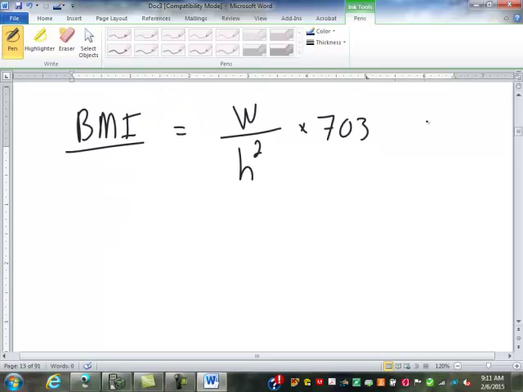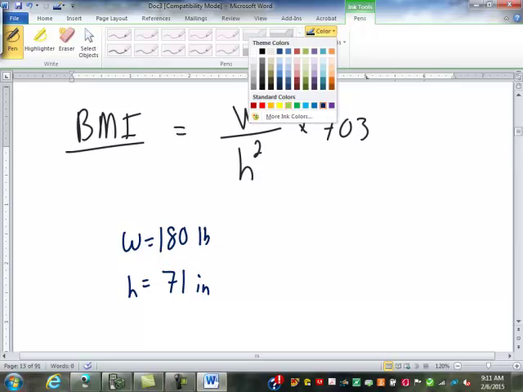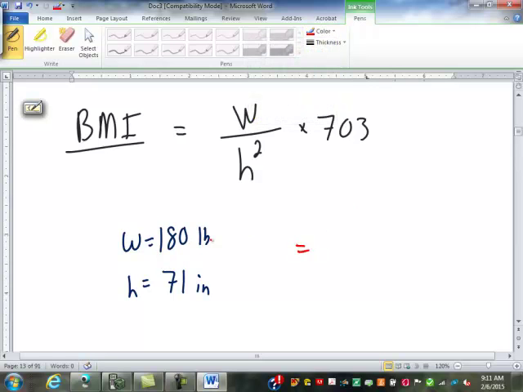So if you have someone who has a weight of 180 pounds, a height of 71 inches, that's 5'11". Let's find their body mass index.